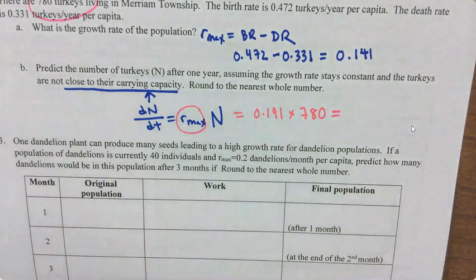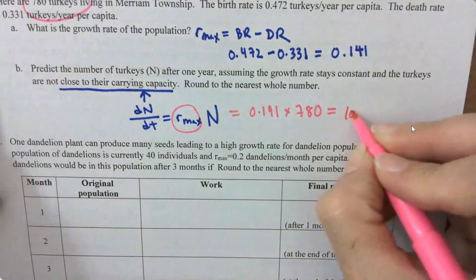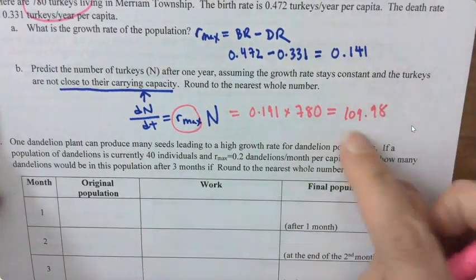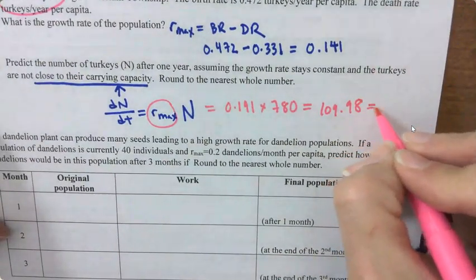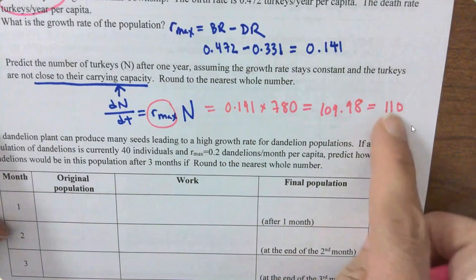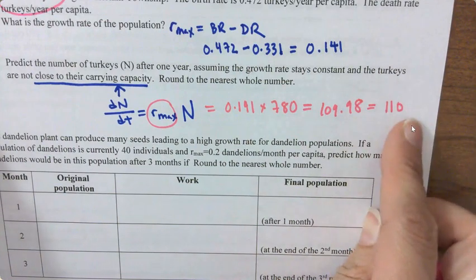So I got 109.98. Well, you can't have 0.98 of a turkey, I guess, unless you cut off its toes. So we'll round up to 110 turkeys. This is the new turkeys in the population.